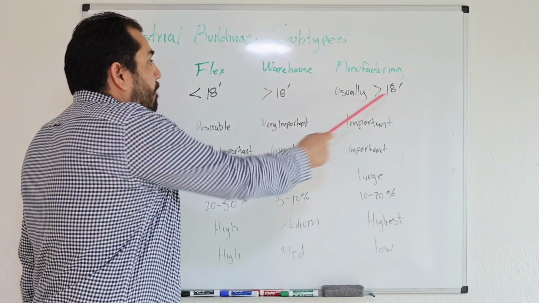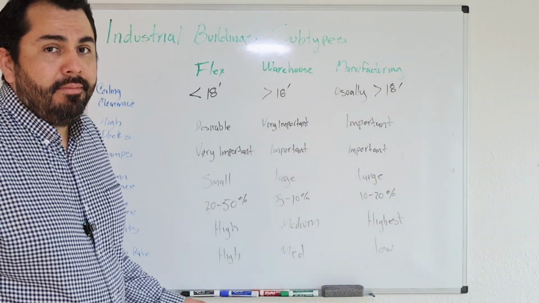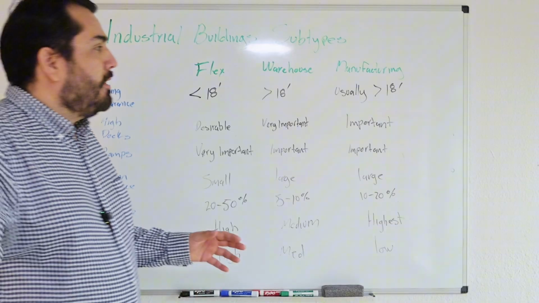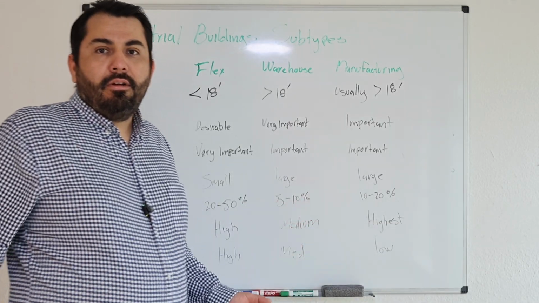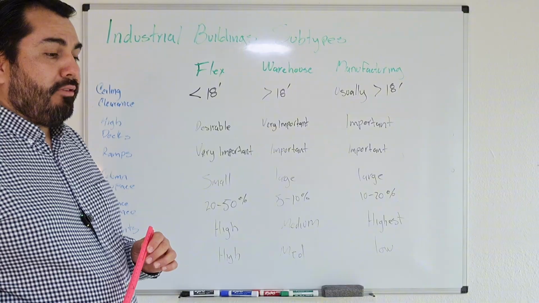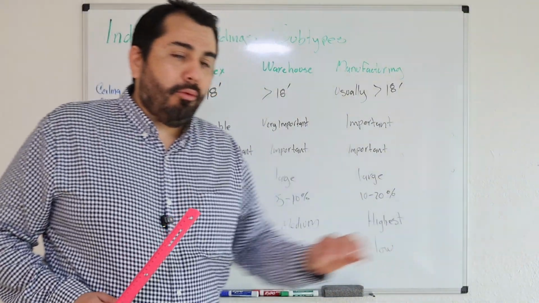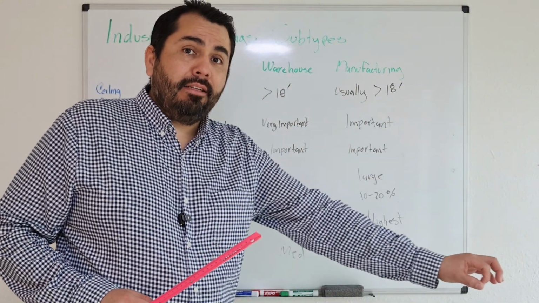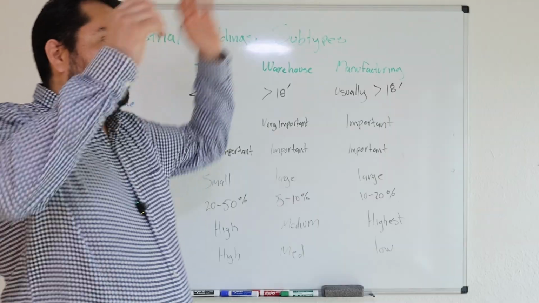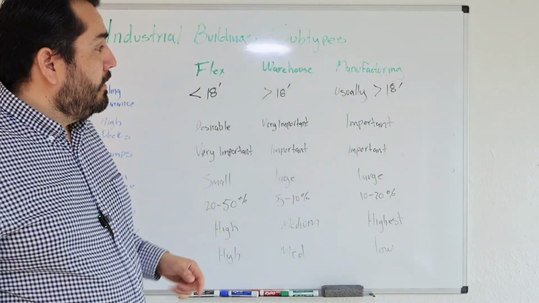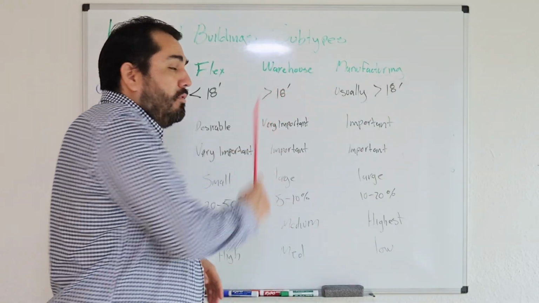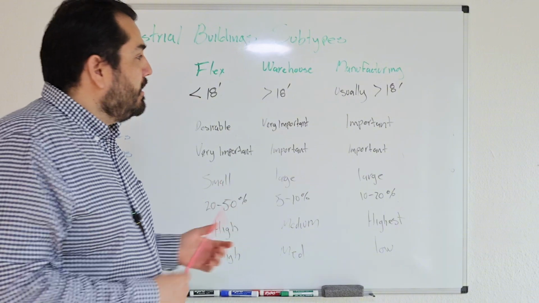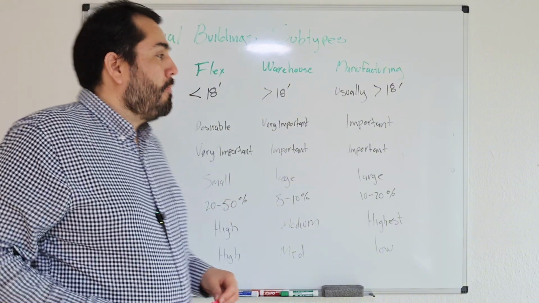Manufacturing is the same thing. They don't have racks, but they have cranes, because they have to transport a product from one production line to the next. So they need big clearance. It's not as important as for the warehouse, but it's important.